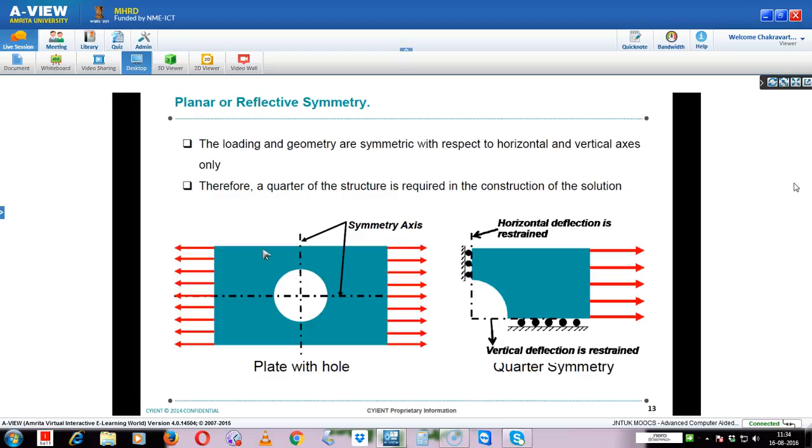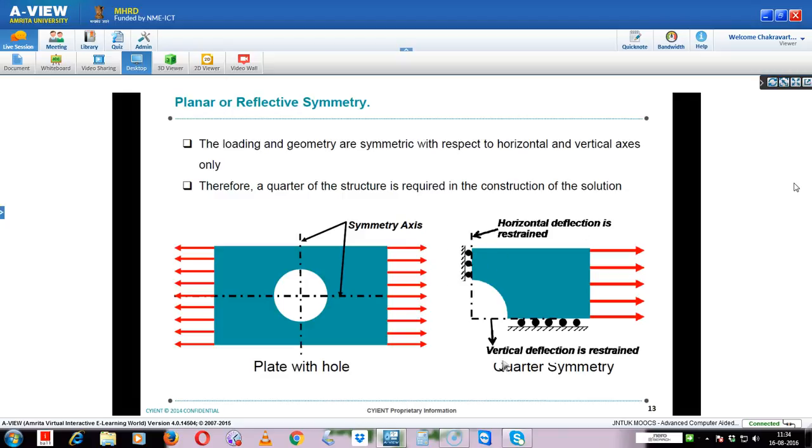When you take the 1/4 model, this is the 1/4 model, symmetry about horizontal and vertical direction, and we need to give boundary conditions for this symmetry. We need to arrest vertical deflection. That means deflection vertically downwards should be arrested. Similarly, horizontal deflection should be arrested at this face.